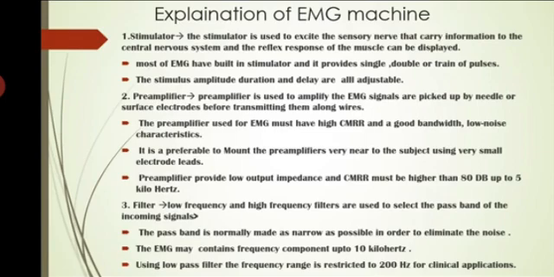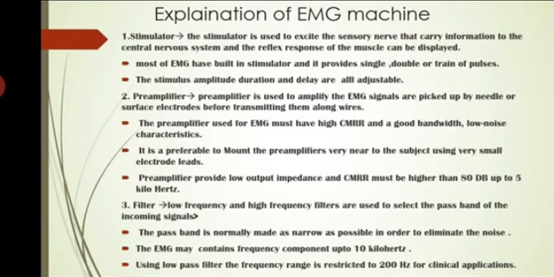Second, the preamplifier. The preamplifier is used to amplify the EMG signals picked up by needle or surface electrodes before transmitting them along wire. A preamplifier used for EMG must have high CMRR, good bandwidth and low noise characteristics.